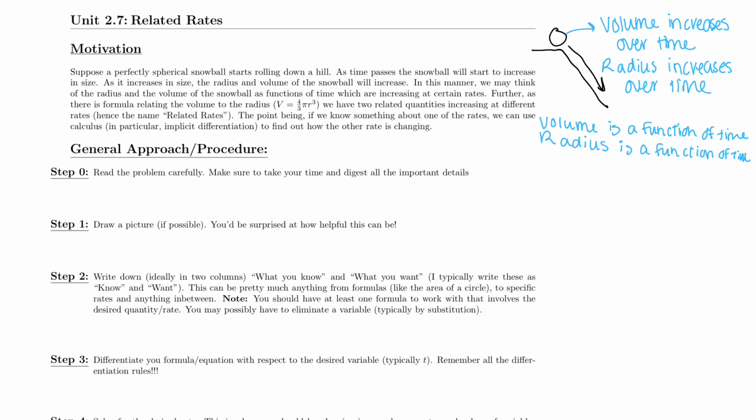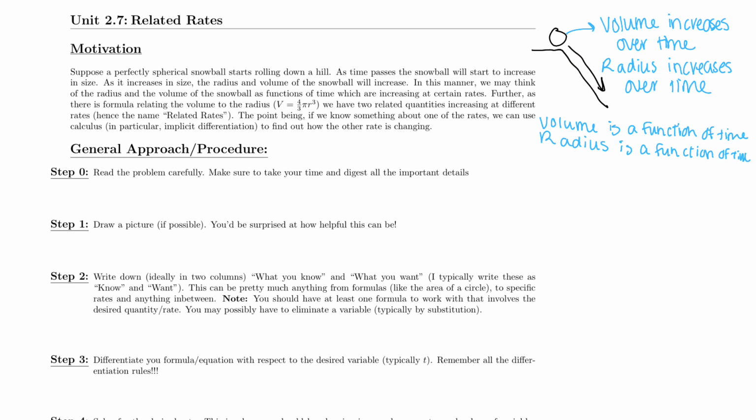But we also have that the volume of a sphere is related to the radius, and both the volume and the radius are functions of time. We can relate the two together using the relationship that volume, here's the volume of a sphere right here. If we know information about how the volume is increasing or how the radius is increasing, we can relate those things together to find out information about one another.